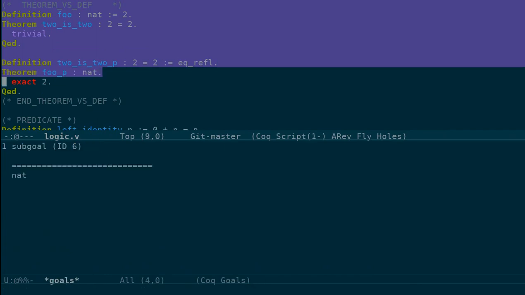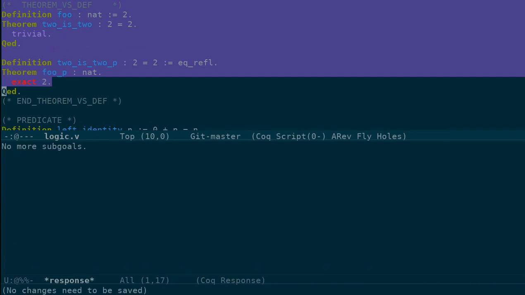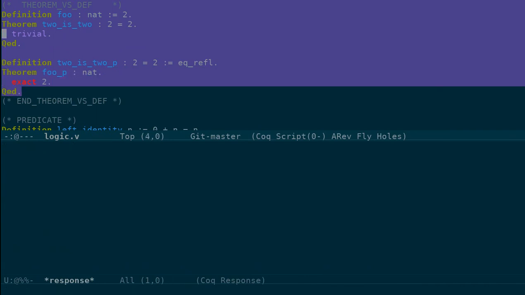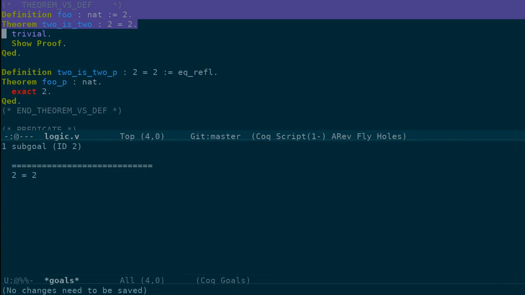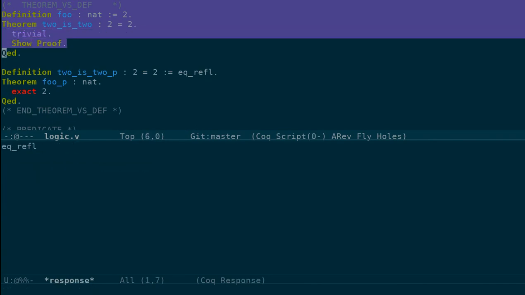There is another way of defining foo, exact 2. In fact, if you look at this particular state, you can do a Show Proof, which shows you the proof that you have done so far. So you see, the Show Proof is a term, eq_refl, which is exactly what I have filled in here. So these two aspects, proving and programming, are the same.